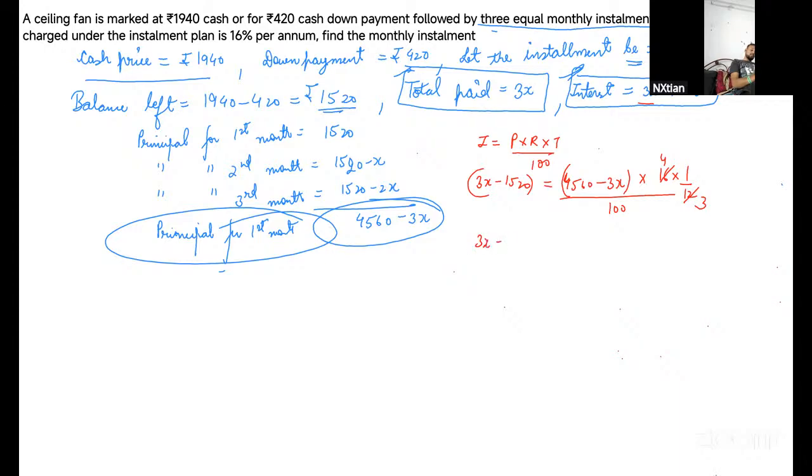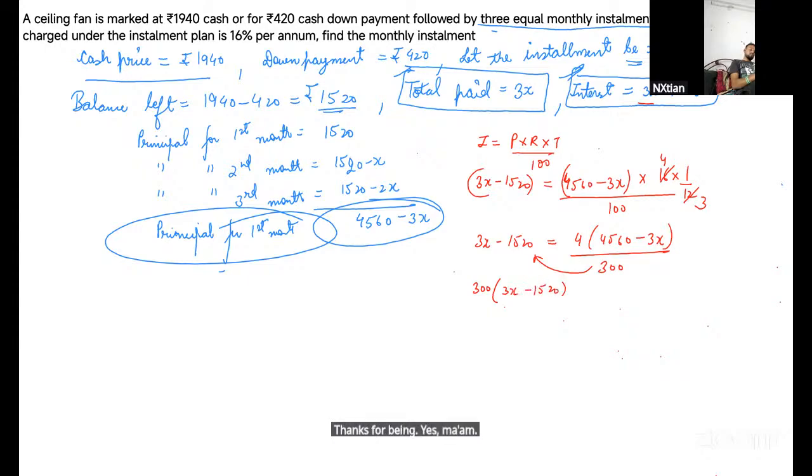So 3x minus 1520 is equal to 4 into 3x... which is 900 minus 456 zero, zero, zero.